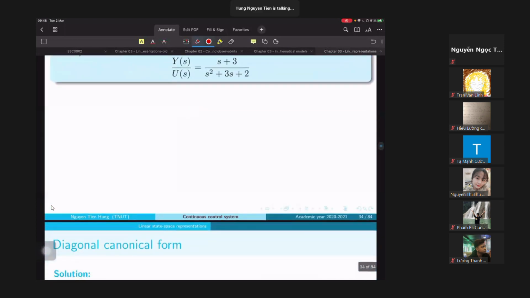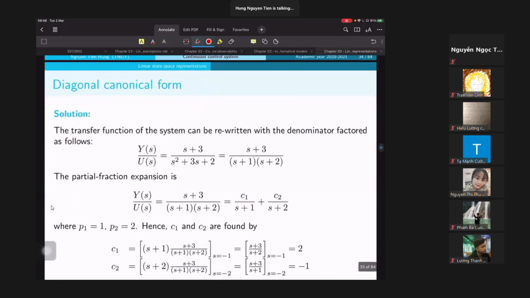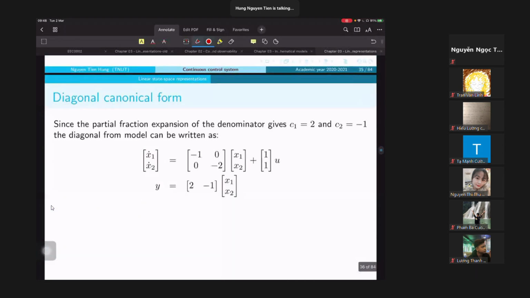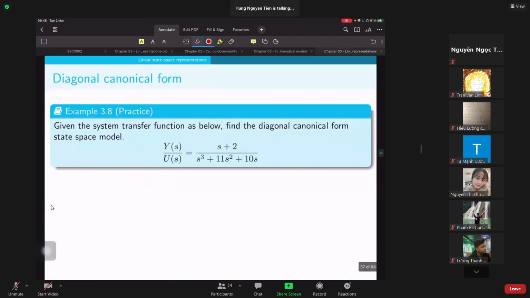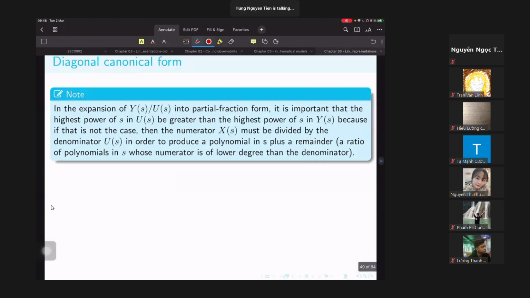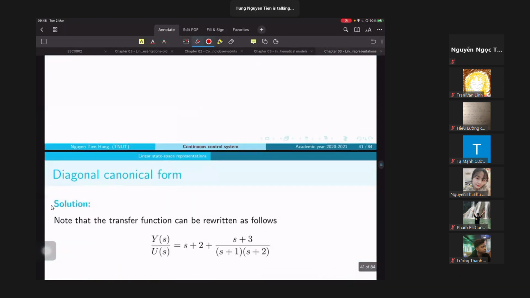In case we get some identical solutions, the diagonal canonical form cannot be achieved. So we have to find another canonical form, and this is the Jordan form.